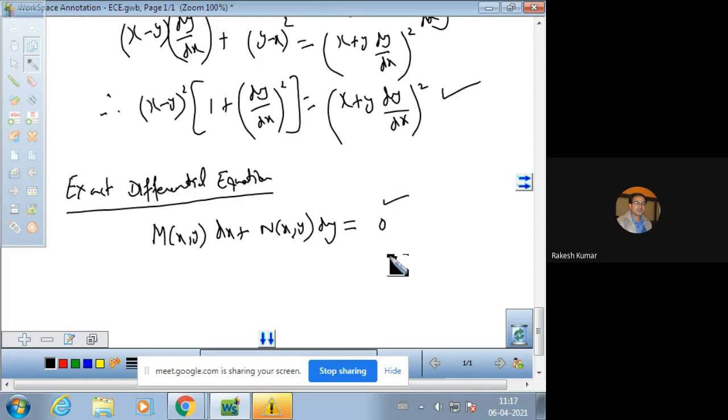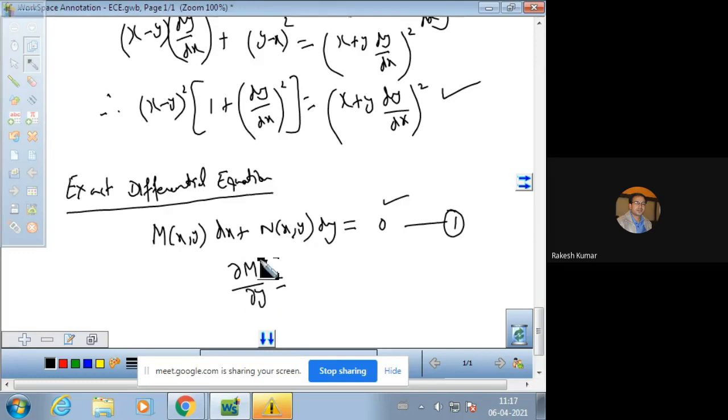And for the exactness of this differential equation 1, we should have a necessary and sufficient condition. And that condition is: if del M by del y, because M and N are functions of two variables, so no ordinary derivative will be there. So it must involve partial derivatives now.